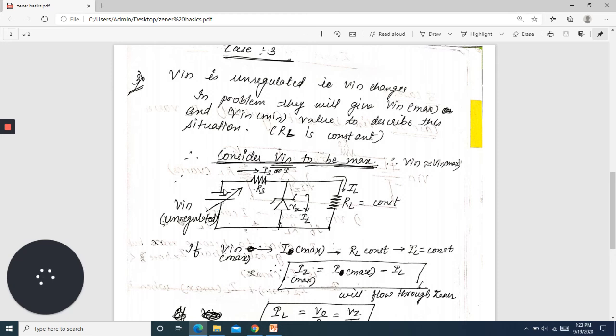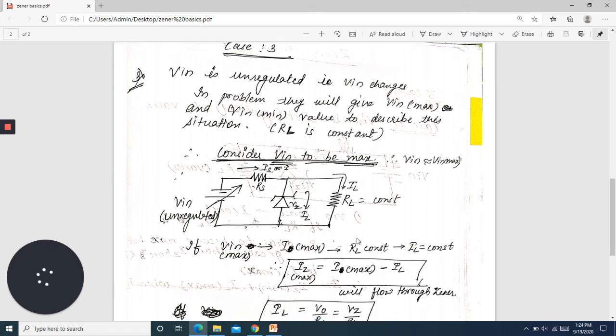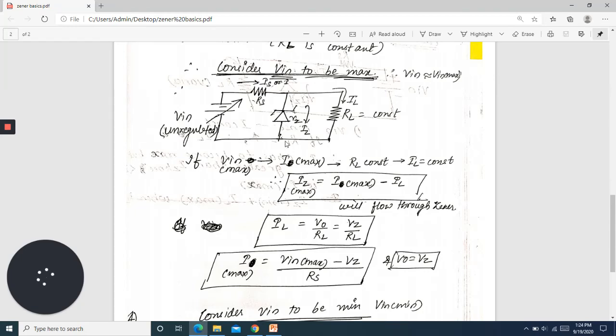So let us say this total current I is minimum because of the lower Vin voltage. So I is less. So IL is constant. So Iz will now be the maximum. Okay. So the remaining current will flow through this Iz. So see, Iz will be maximum because of minimum current.